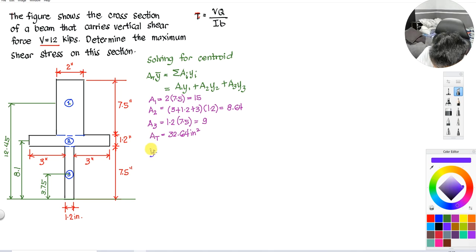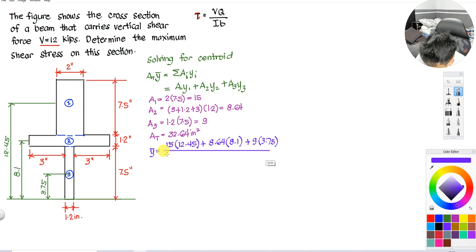Okay, so now I can get my centroid. Y bar becomes equal to area 1, which is 15, multiplied by Y1, which is 12.45, plus area 2, which is 8.64, multiplied by Y2, which is 8.1, and lastly area 3, which is 9, multiplied by 3.75, all over the total area.